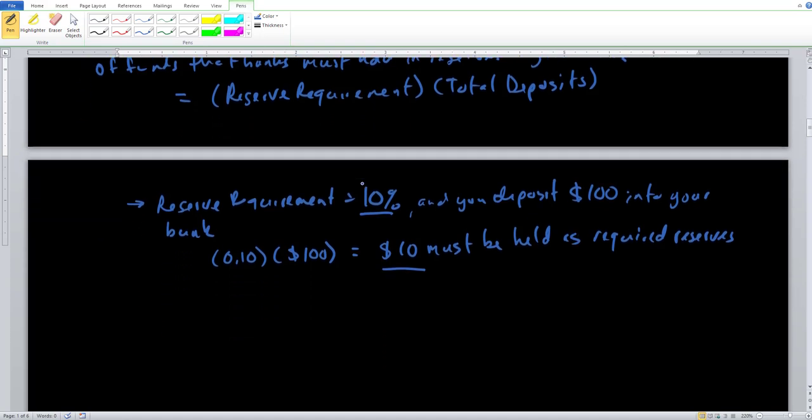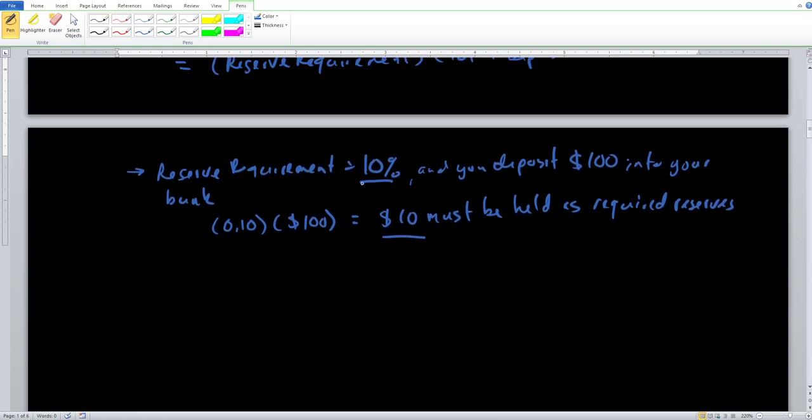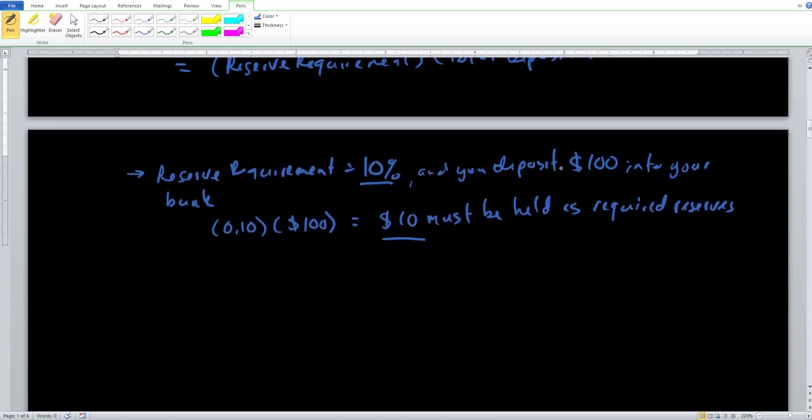But what happens to the other portion of your $100 deposit? What would the bank like to do with that? And that's where we come to the third and final variable, which is known as excess reserves.